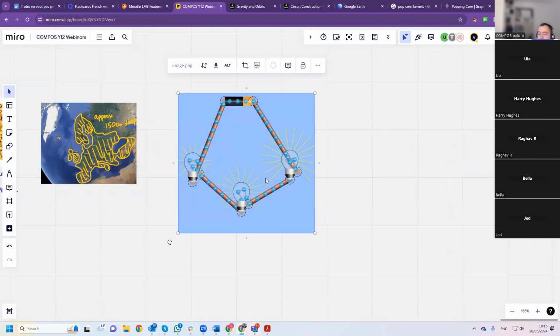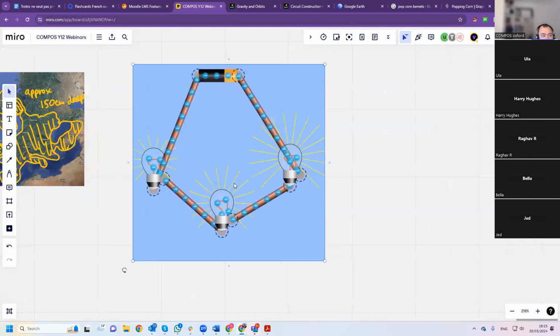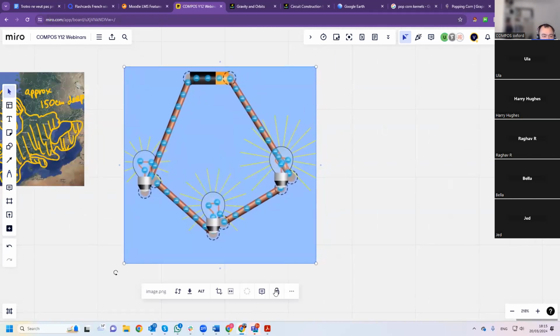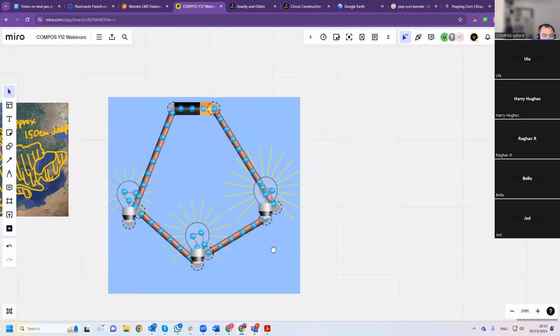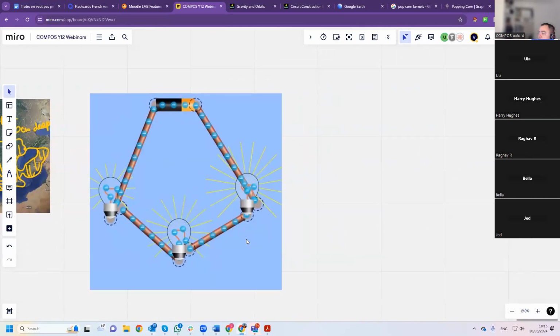Which one would be the brightest if you connect them in parallel? So this is 30 ohms. This is 20 ohms, and this is 10 ohms.